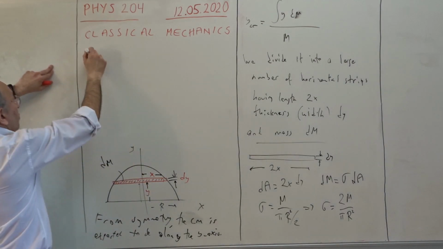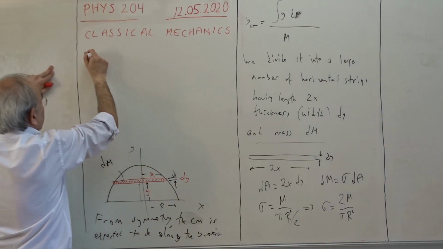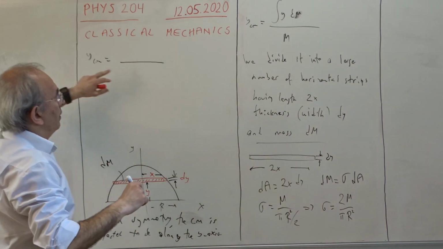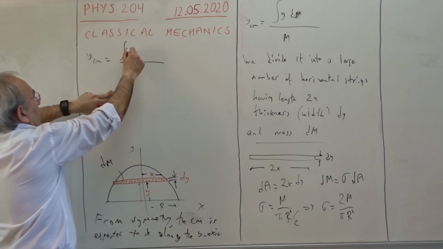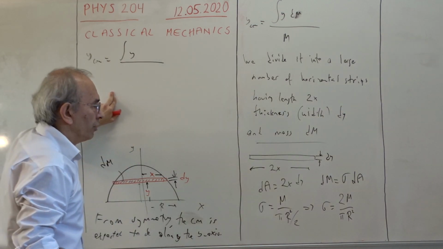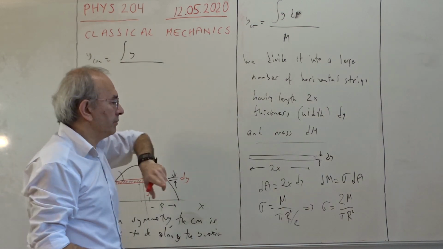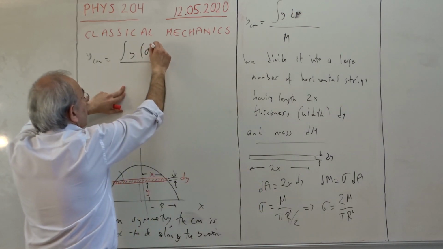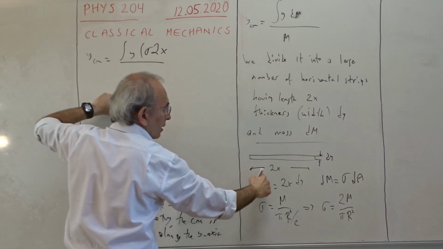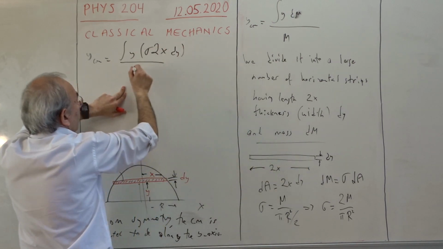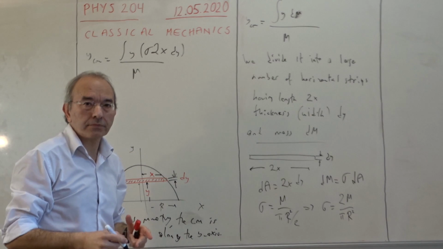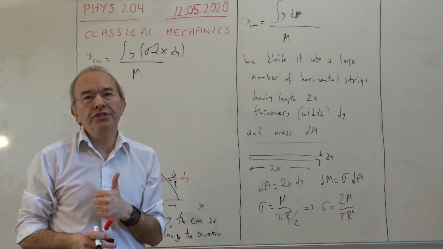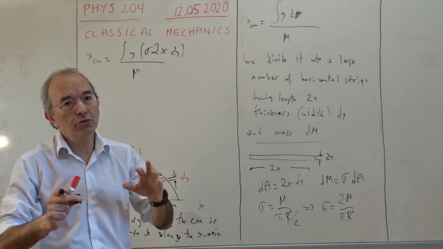This y center of mass is now found as the integral of y times dm. What is dm? Sigma times dA. dA is 2 times x and dy, divided by the total mass m. Now there should be only one variable of integration, x or y, but not both.